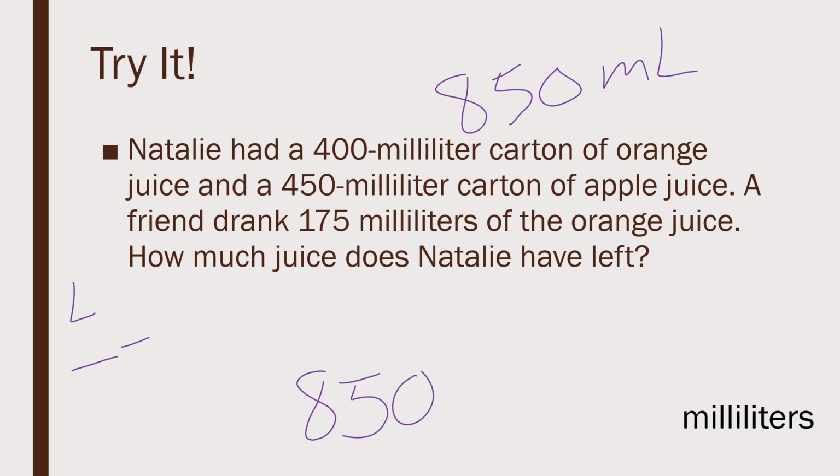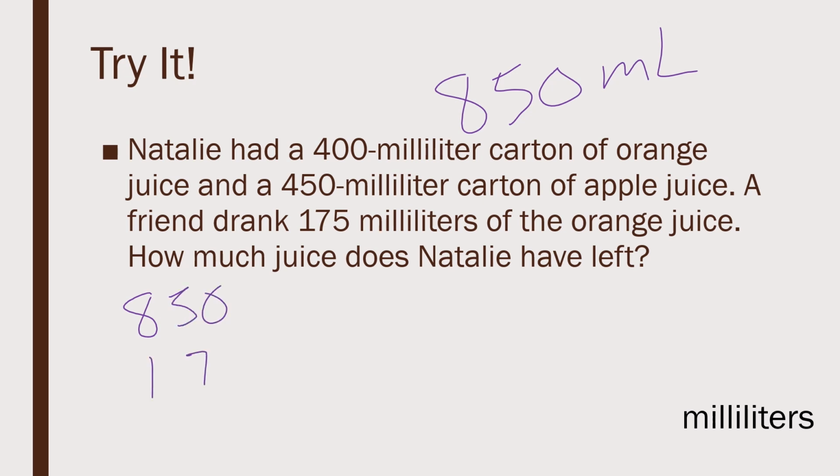So then the next step that we have to do, now that we have our total, is go ahead and figure out how much juice we have left. So let's go ahead and start with our 850, and we're going to subtract 175.